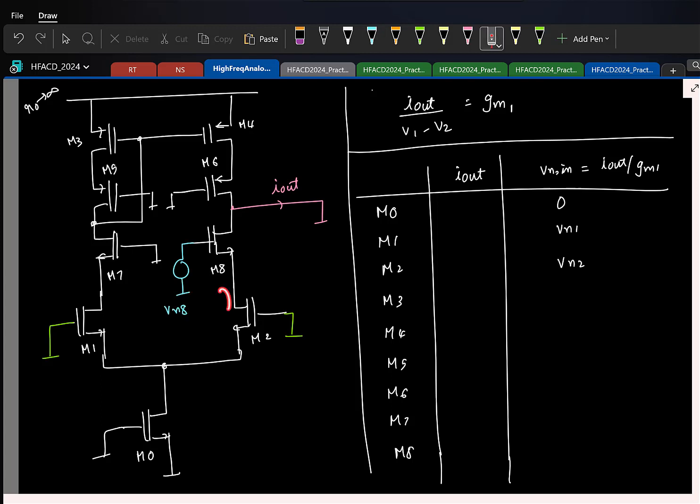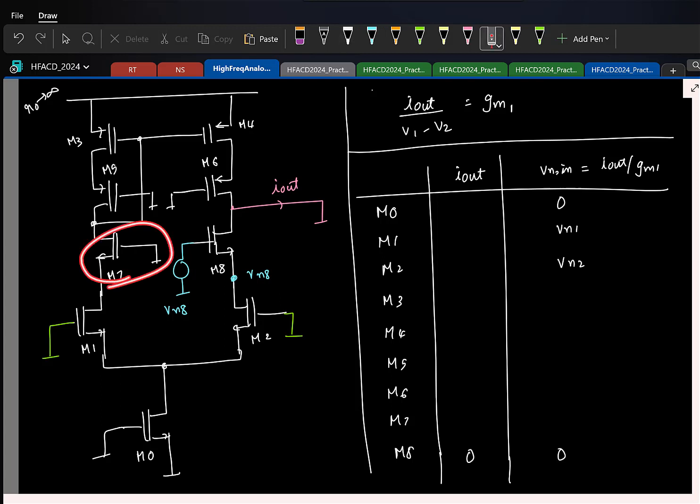Now, if looking down it's infinite resistance, what can you say about this voltage? It's basically a source follower. I'm applying the input at the gate, tapping it from the source. Looking down, I've told R0 is infinity. So the same voltage comes. VGS is 0, current is 0. So basically for M8, no contribution.